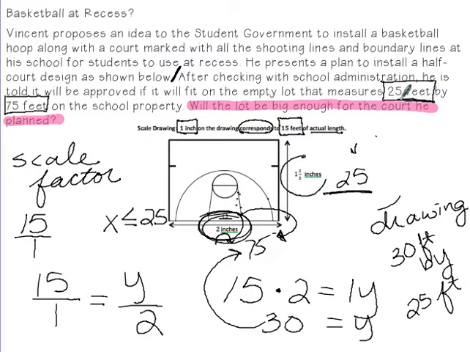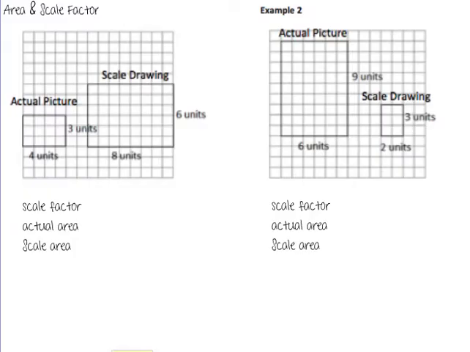It will fit in the 25 feet by 75 foot area. Right? So that's the example of using a scale drawing to figure out the actual dimensions. It's much like what we were doing with the map.